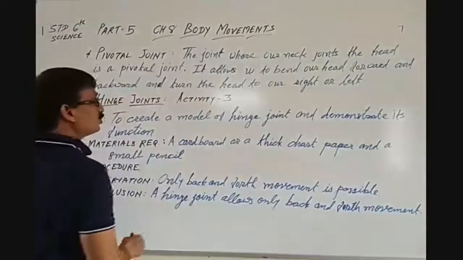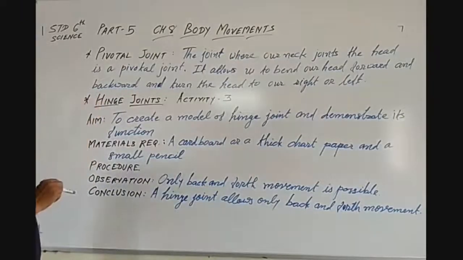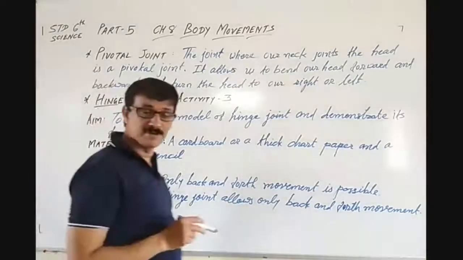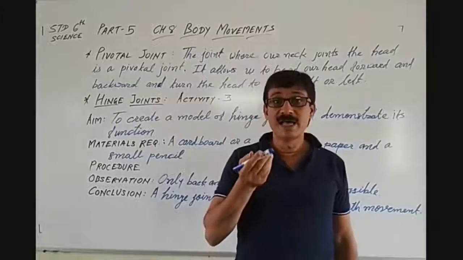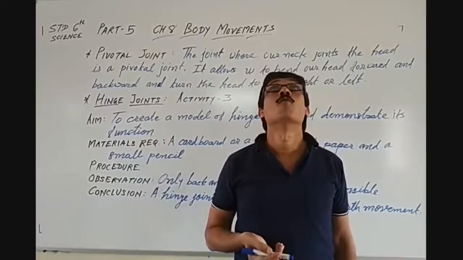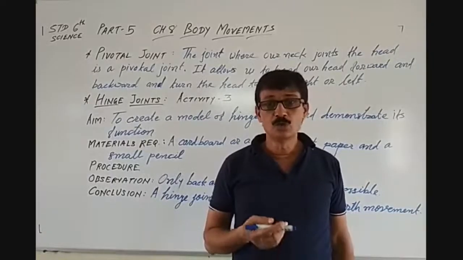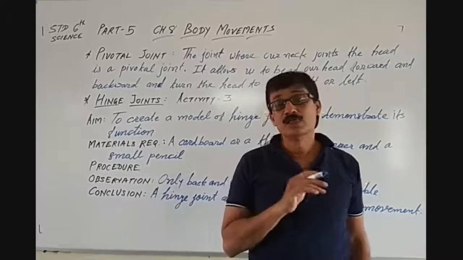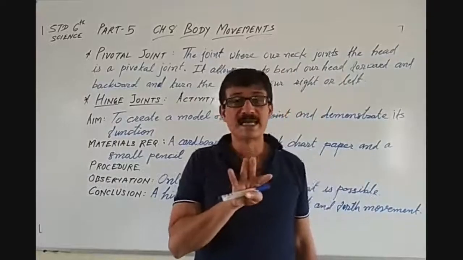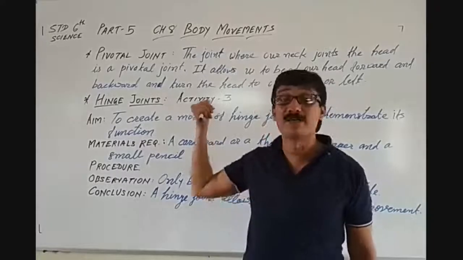It allows us to bend our head forward and backward and turn the head to our right and left. So in 4 directions we can go through in this joint, pivotal joint.